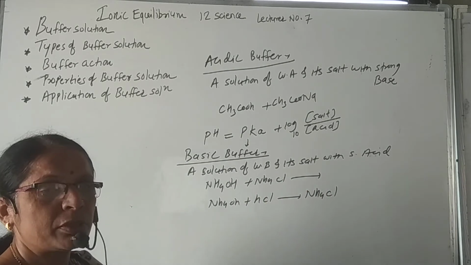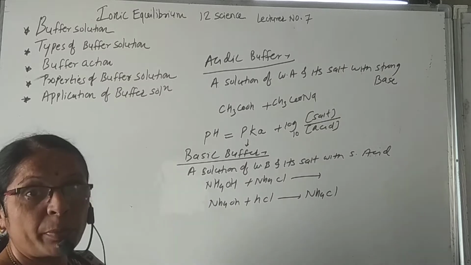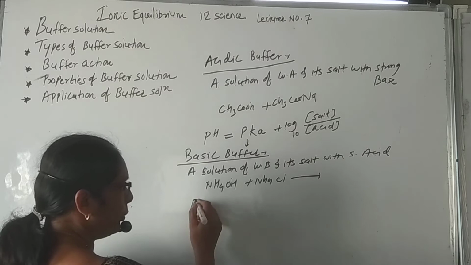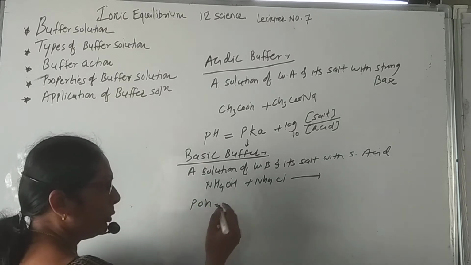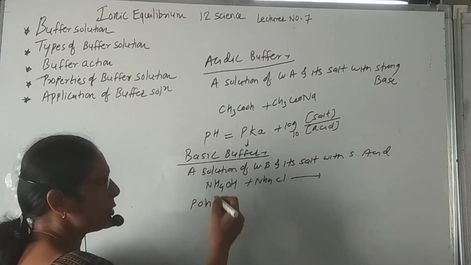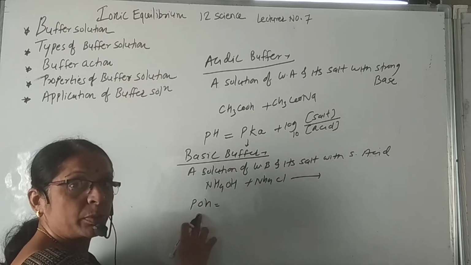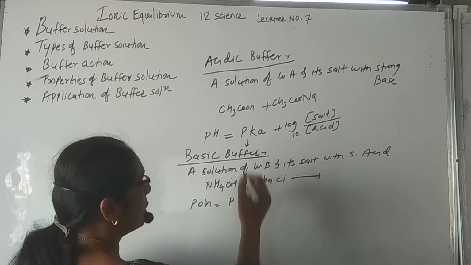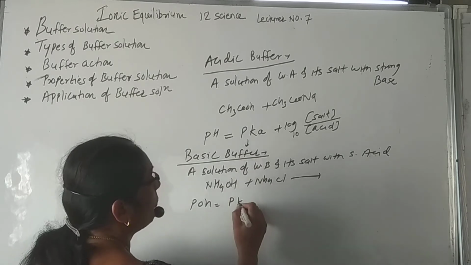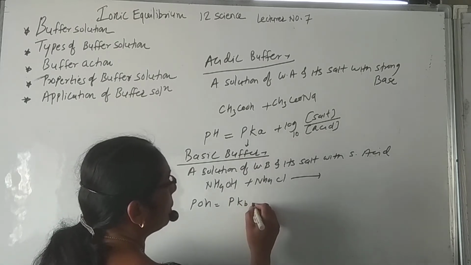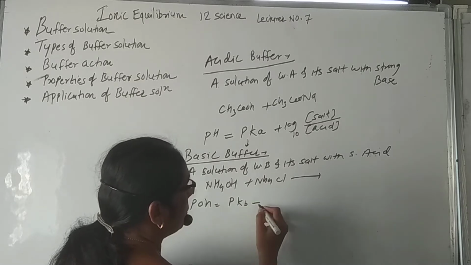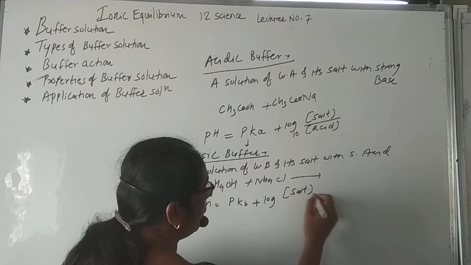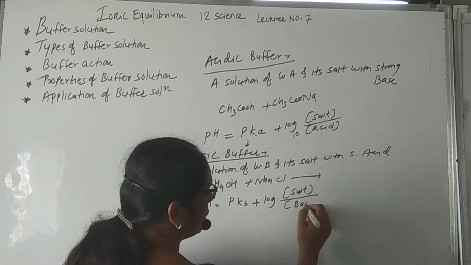A basic buffer is responsible for the pH of an alkaline solution, and here it is possible to calculate the pOH of the buffer solution. The pOH of the buffer solution is equal to pKb plus log of the concentration of the salt to the base.